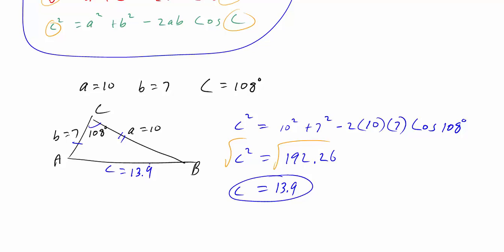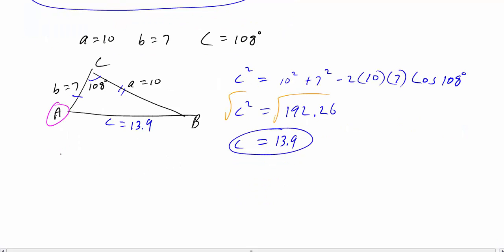Now at this point we can actually continue to use the law of cosines, or since we have this obtuse angle here, we could use the law of sines. So if we go to use now the law of sines, we could actually find angle A, and we would go sine of A over the side which is 10, equals sine of 108 over the 13.9 which we just found.